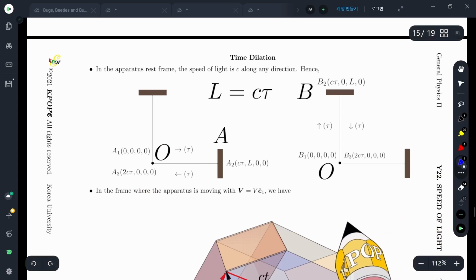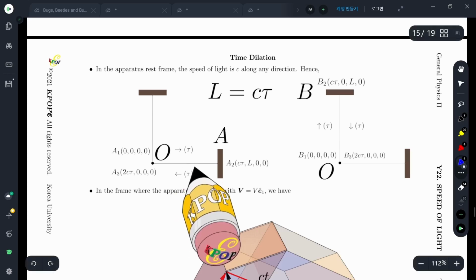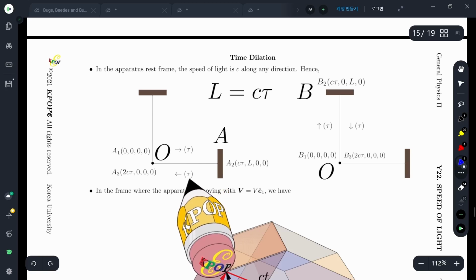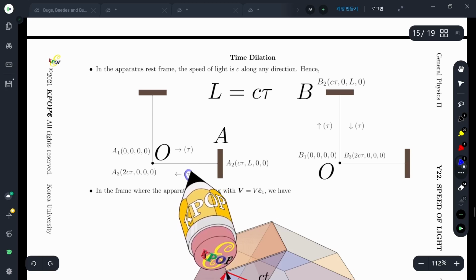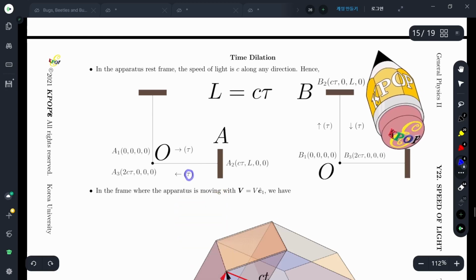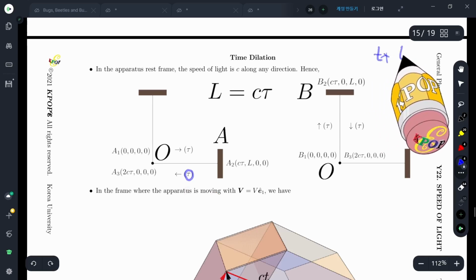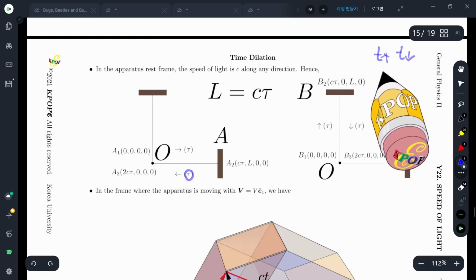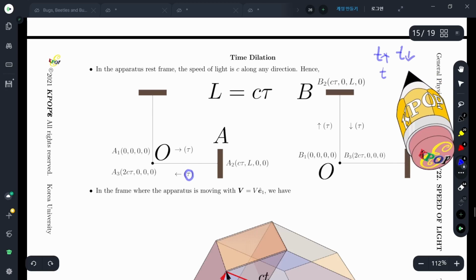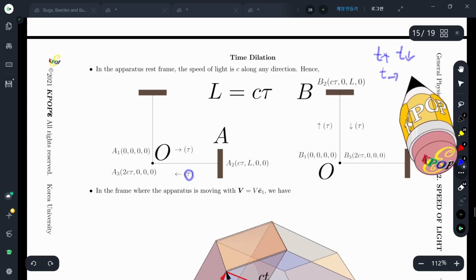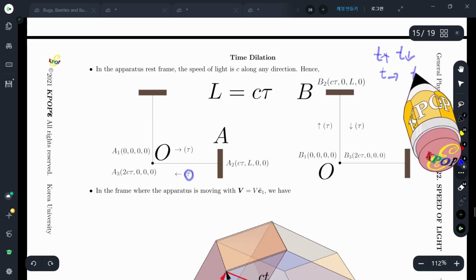Both of them arrive at the same time. That means it takes the same time. Let me call it tau. We do not have to distinguish t up and down, t to the right, and t to the left.